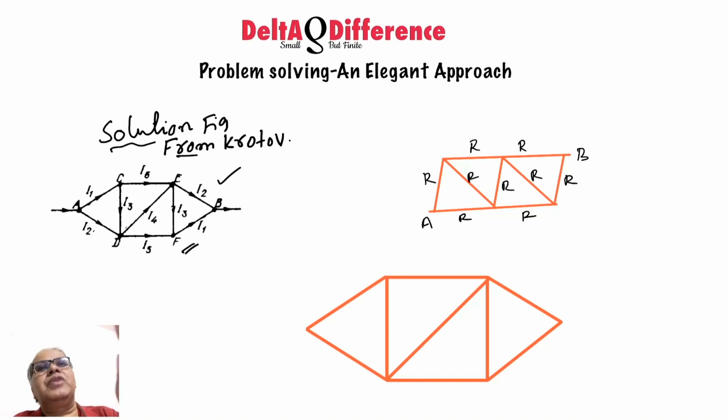Of course, even the 5 currents are achieved here by taking the symmetry. Look at these currents, I1 this side, I2, and then I3, I5, and I4 here. So there are in all 5 currents. So 5 simultaneous equations were written, and 5 equations have to be solved.